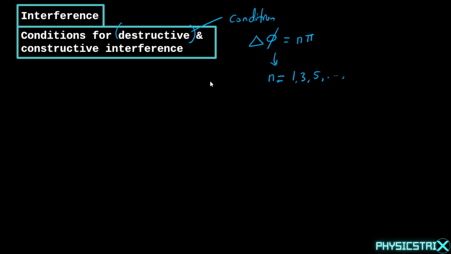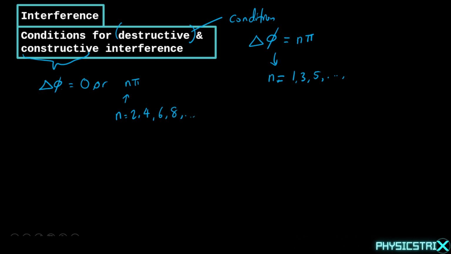Now, for constructive interference, what we want is that the phase difference between wave 1 and 2 is going to be either 0 or n pi, where n is going to be 2, 4, 6, 8, and so on.